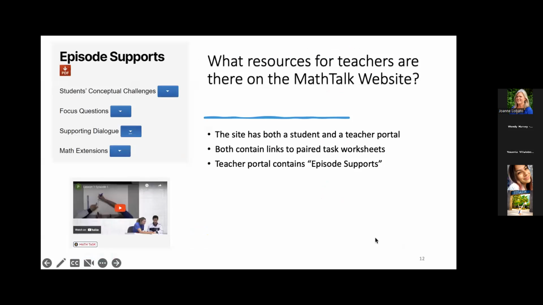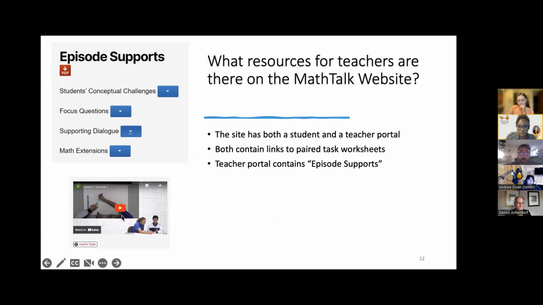Additionally, on the website, if you navigate to one of the episodes, you can roughly see in the bottom left-hand corner what the episode screen looks like. The site has both a student and a teacher portal. So students can go and find the videos, or teachers can go and find some additional resources. For the students and the teachers, in the bottom left-hand corner, that's super small, there's a little math task button.